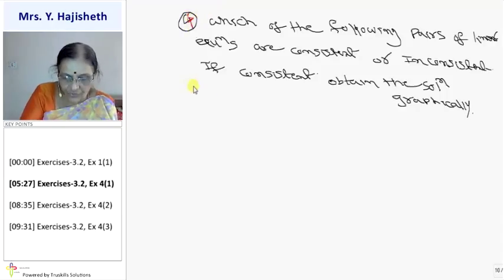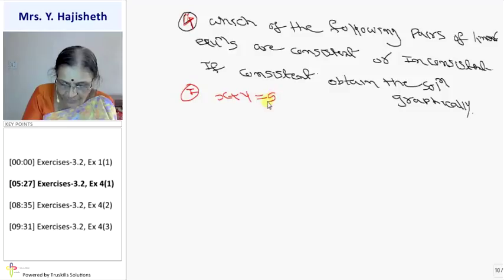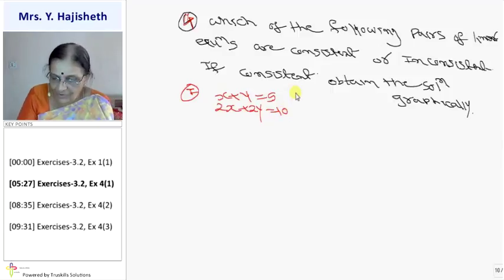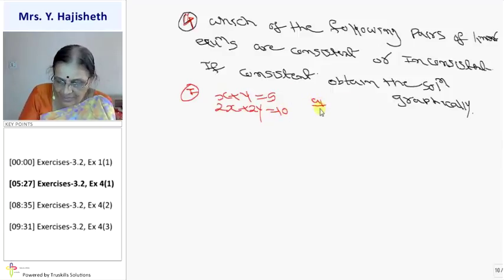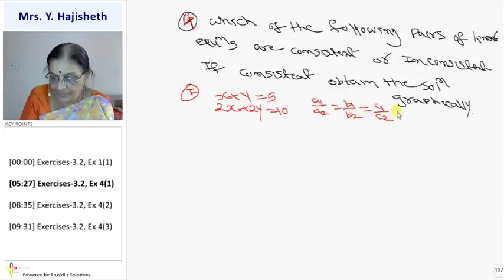Now the first of the fourth: the pair of equations is x plus y is 5 and 2x plus 2y is 10. Look here. Here a1 by a2 is b1 by b2 is c1 by c2. Clear? So it is a dependent equation.